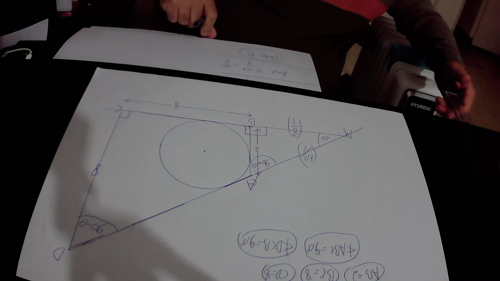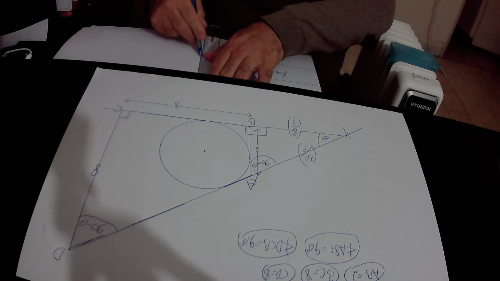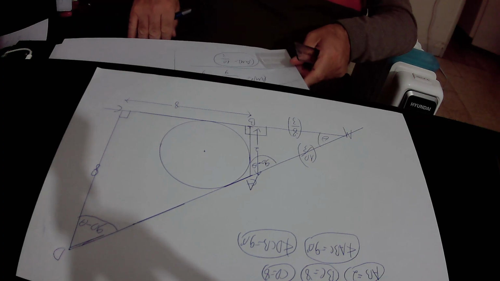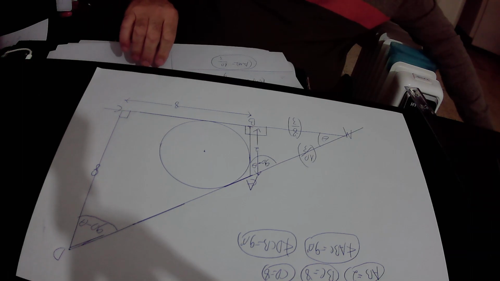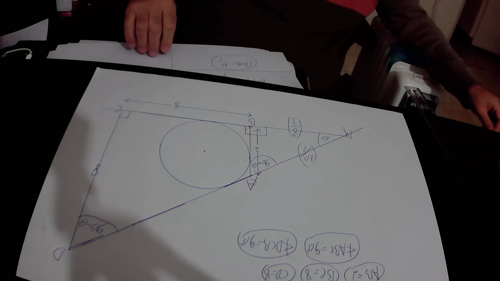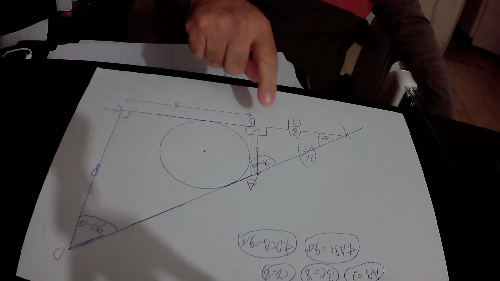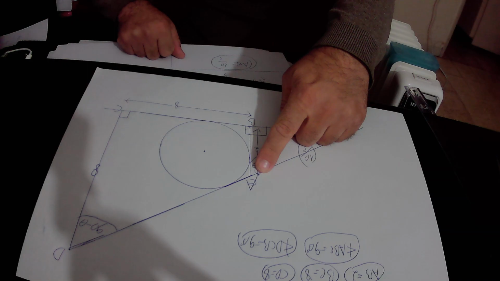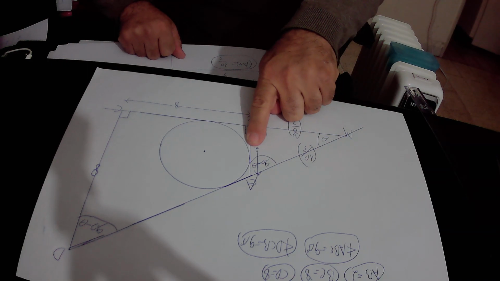Okay, so in the next step I present to you rule number 1 and we'll implement rule number 1 in our drawing. But before that, you can see here that side AB is tangent to the circle at this point.